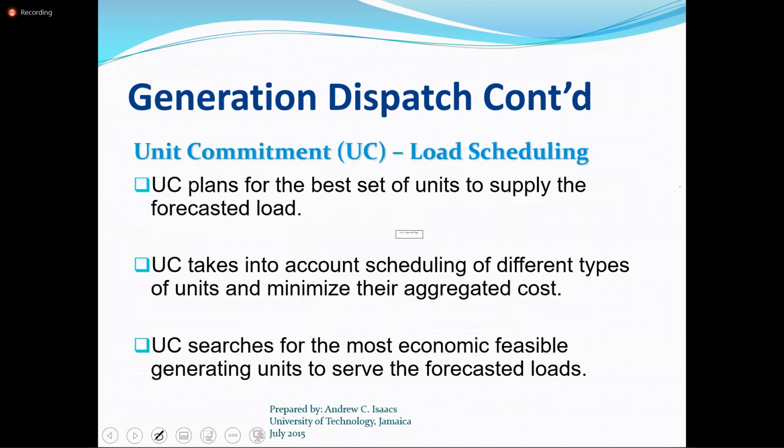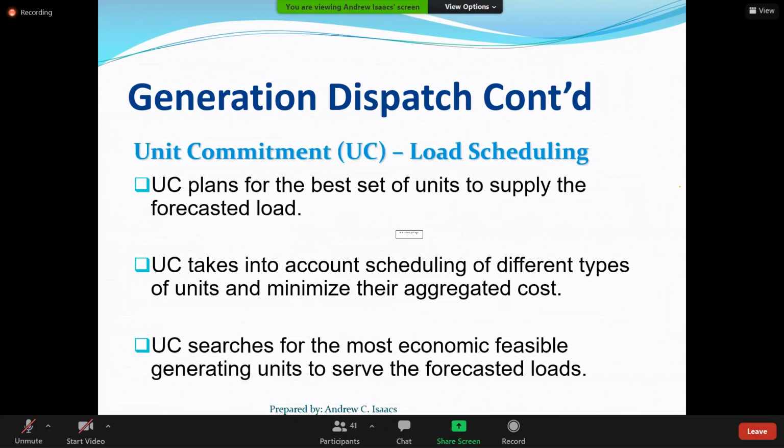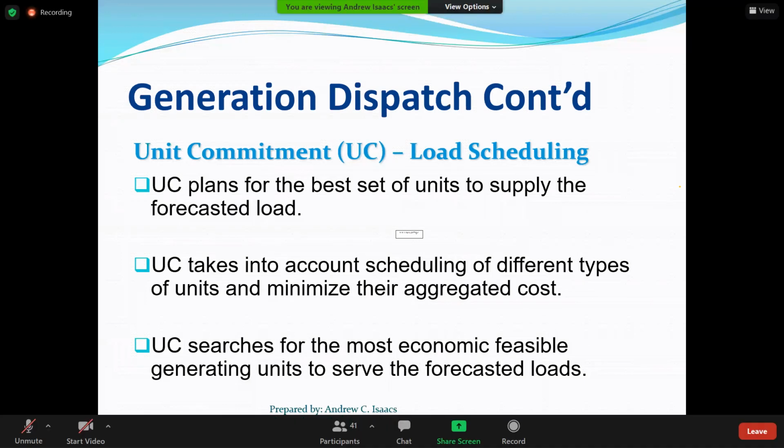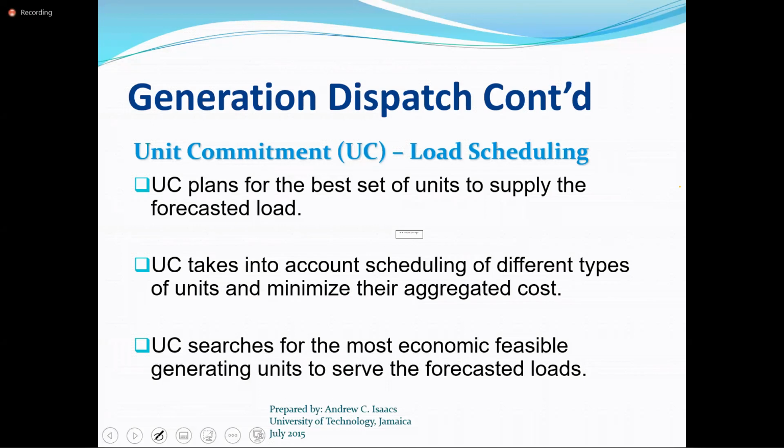For unit commitment, we want to be looking at the best units to supply the forecasted load. One would have to take into account the scheduling of different types of units. So we're looking at what's used to operate them: the fuel, the personnel.